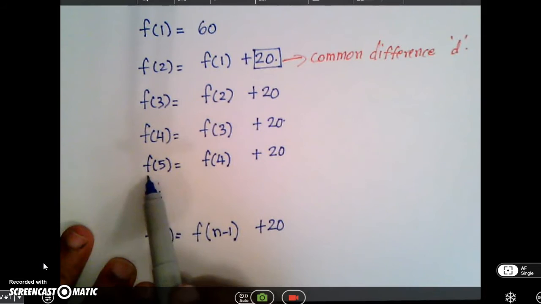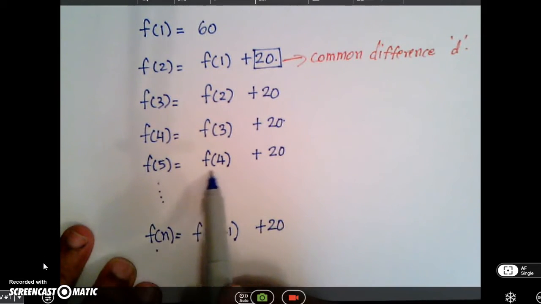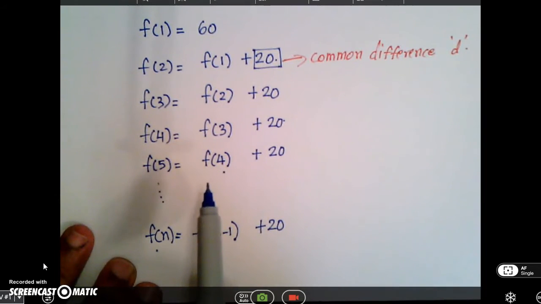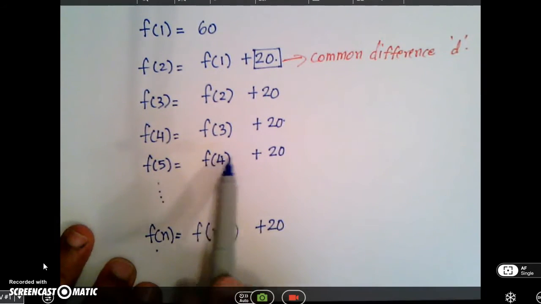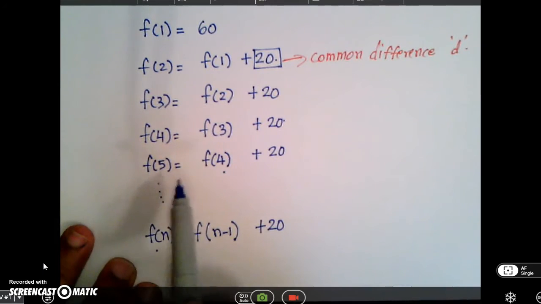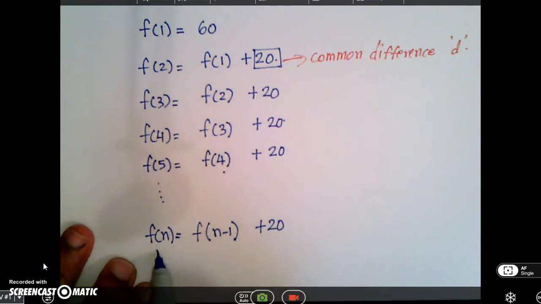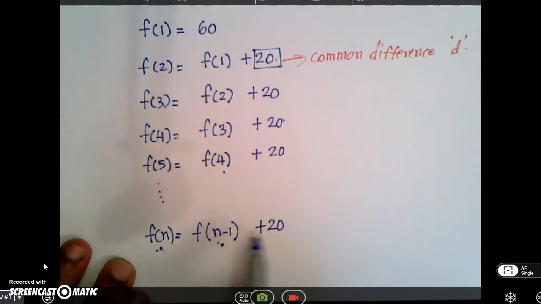So it is relating one term value to another term value, not my input. Remember, my input was my position number. It is not relating my position number directly, but indirectly I am looking at my position number. Alright, but directly it is relating my current term to my previous term and my common difference.